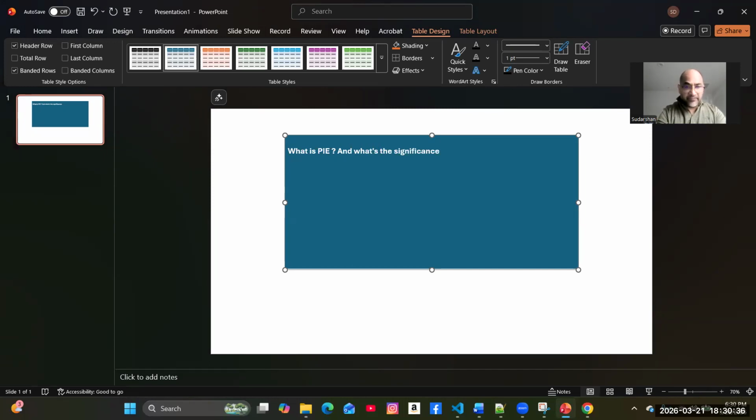Then we will see a brief history, a brief explanation about the constituent languages which are part of PIE.